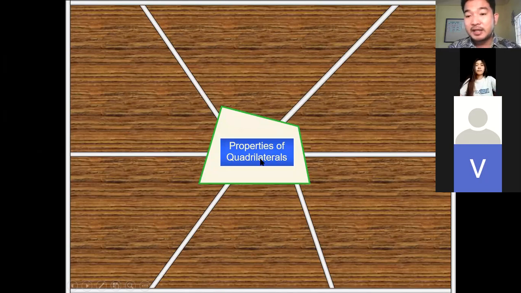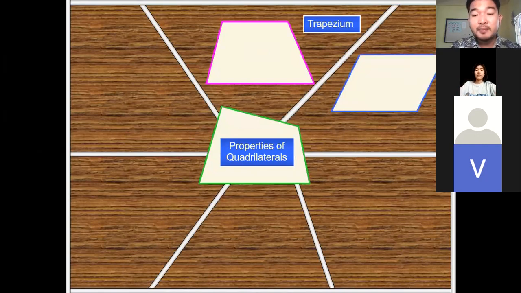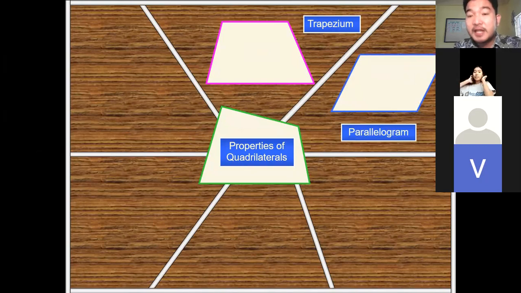And we have different types of quadrilaterals. What are those? The first one is trapezium. And then we have the parallelogram, and also we have different types of parallelograms. What are the different types of parallelograms?